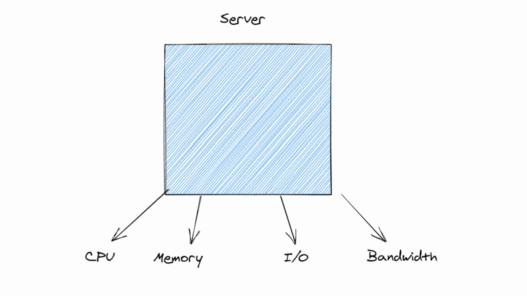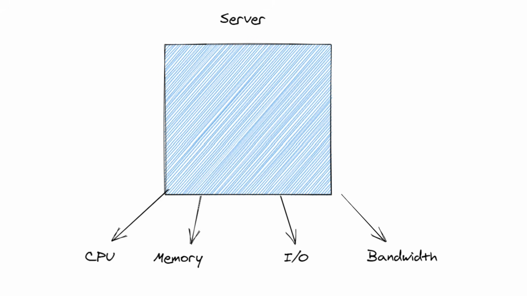I/O is how fast your application can read from storage. So if you're doing something where you need to access images or video files stored on the hard drive, you're going to have a limit to how much data you can access at once. And also, the last way would be bandwidth, which is if you're streaming or doing something like that, the amount of data you can push through the network is also limited through a single server.